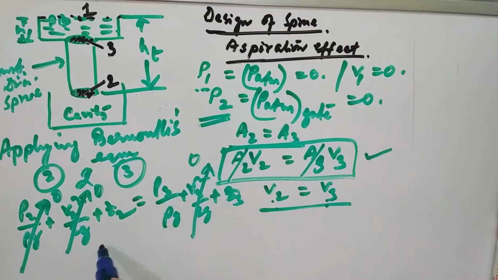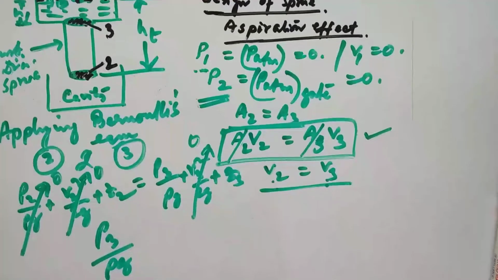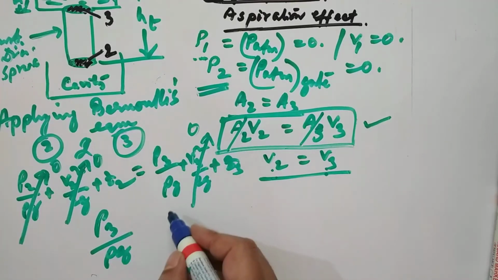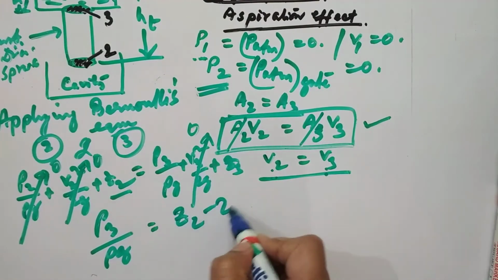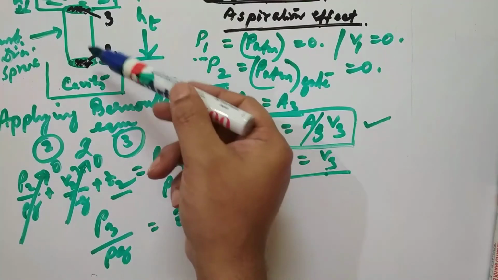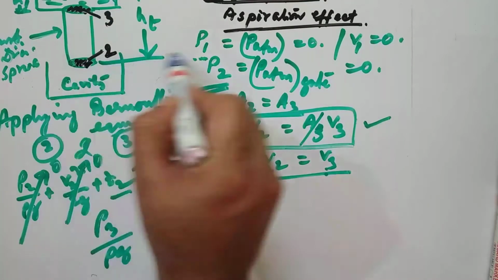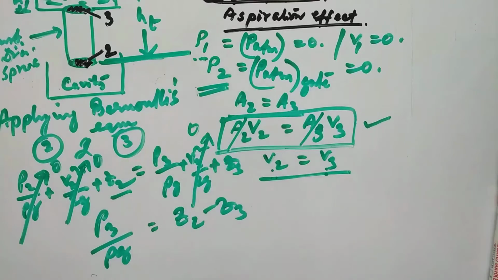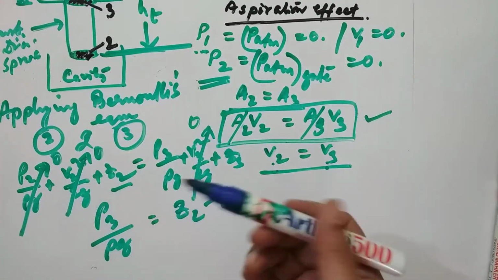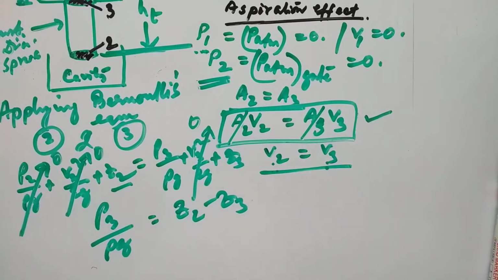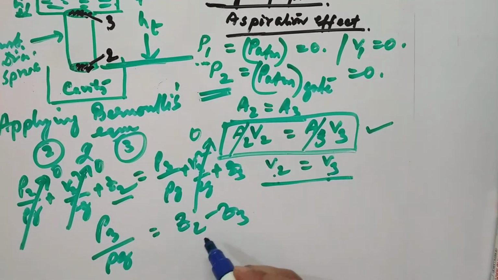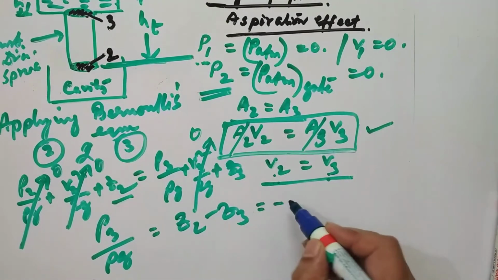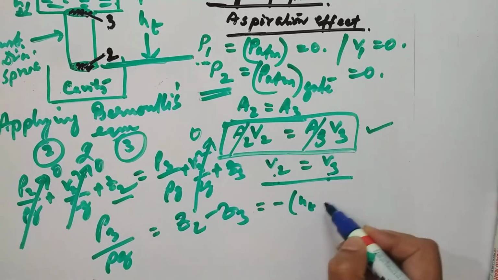Now we have P3 by rho g is equal to Z2 minus Z3. Now this Z2 minus Z3 is minus of HT minus H1.